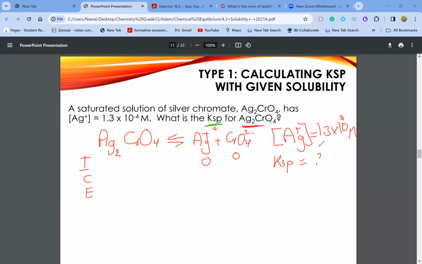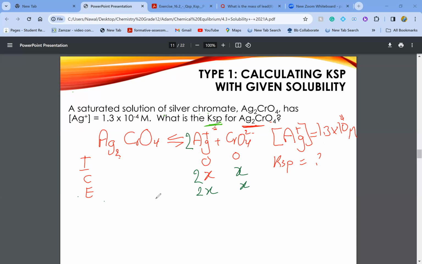And then C. What is C? I will suppose it X. This is silver. If my balanced equation is not correct, I will be in trouble, because here is 2 and I forgot my 2. Did you recognize? Everything will be wrong. And here it is X. And then at equilibrium we will have 2x, x.